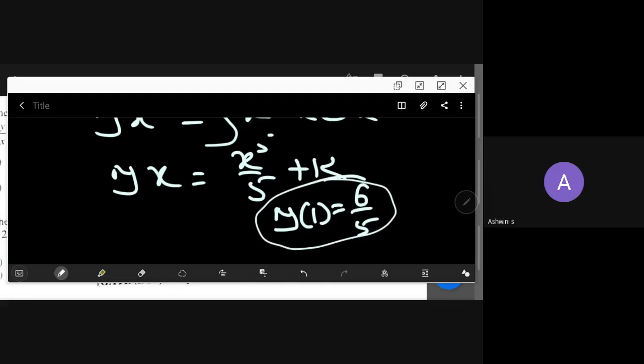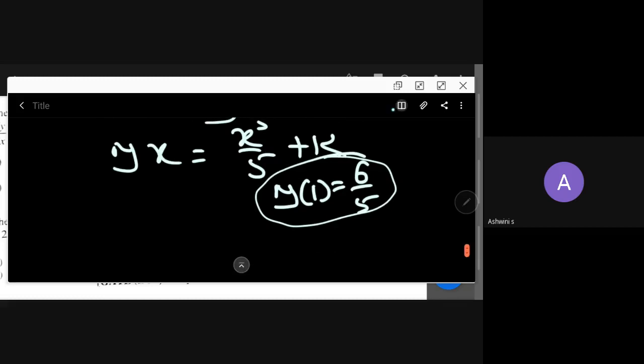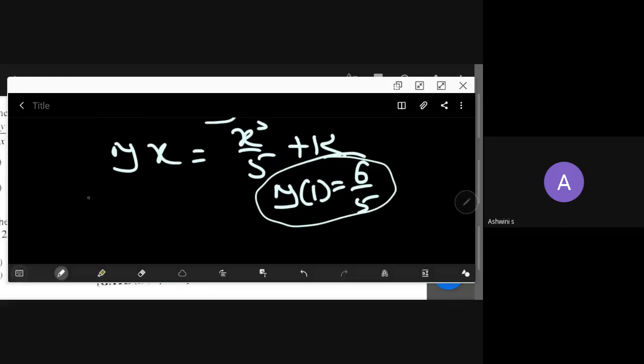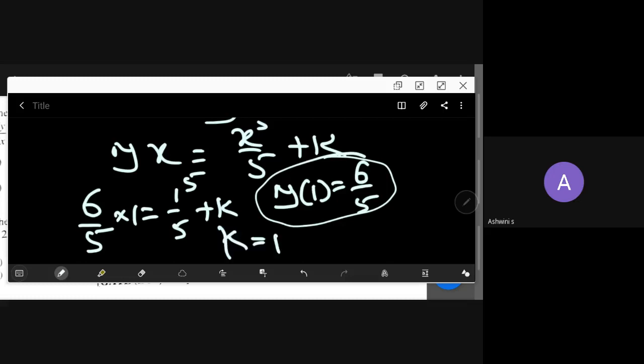So if y of 1 is 6 by 5, means 6 by 5 into 1, here 1 power 5 by 5 plus k. So 6 by 5 minus 5 by 5, so k is 1. So yx is equal to x power 5 by 5.